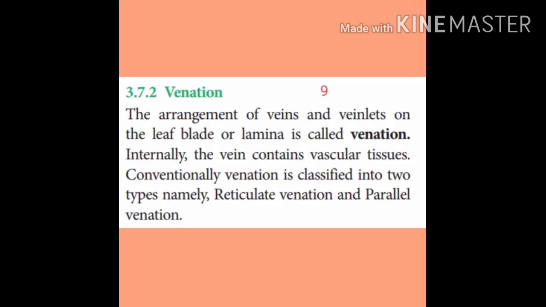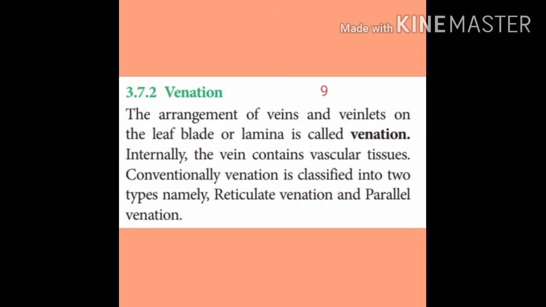Venation: the arrangement of the veins and veinlets on the leaf blade or lamina is called venation. Inside the vein you can see the vascular tissues. What are vascular tissues? Xylem and phloem are called the vascular tissues.